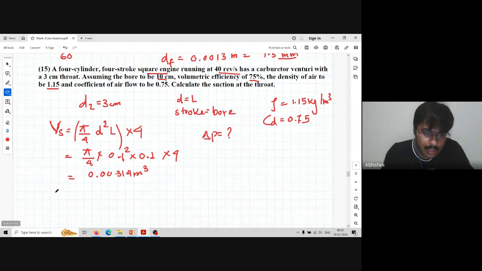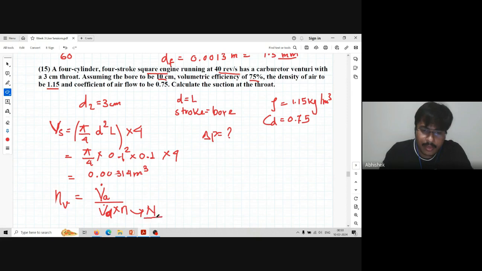Now, next important, volumetric efficiency. Volumetric efficiency is the actual flow rate of the air divided by the displaced flow of air inside the cylinder, into n. This n is the speed.